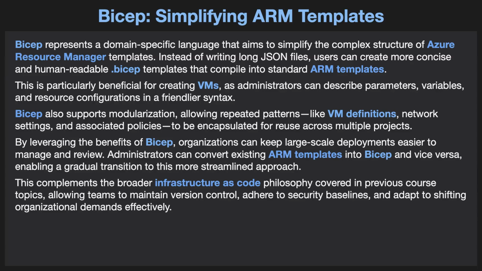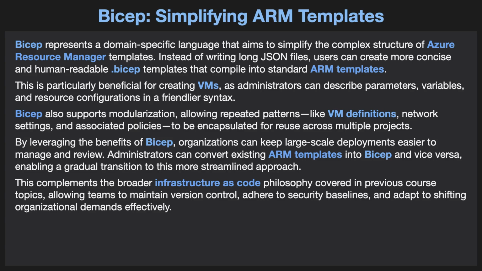Bicep represents a domain-specific language that aims to simplify the complex structure of Azure Resource Manager templates. Instead of writing long JSON files, users can create more concise and human-readable .bicep templates that compile into standard ARM templates. This is particularly beneficial for creating VMs, as administrators can describe parameters, variables, and resource configurations in a friendlier syntax.